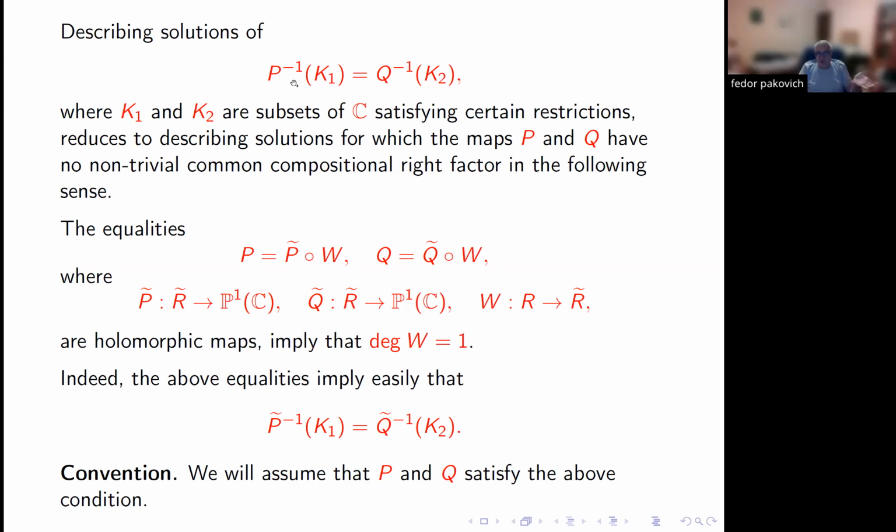Because if you know that these preimages coincide, you obtain quite easily that also these preimages coincide. Therefore, you can assume from the very beginning that you don't have such a factor, and this will usually be my assumption. I just wanted to explain that it's natural, so it's not a restriction.